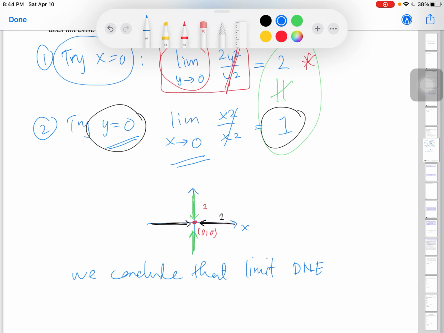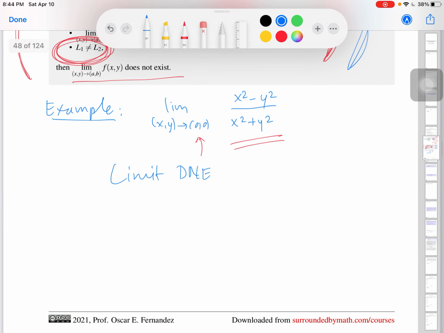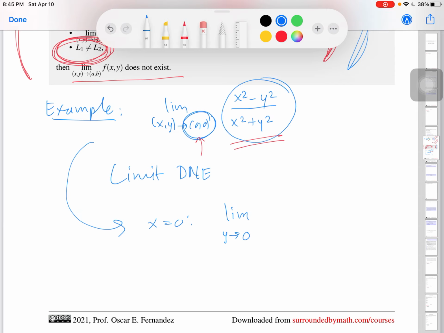Okay, and as promised, let me go back to the example we were just working on and do the same thing here. The same approach works here. So along x equals 0, we are again approaching the origin in this limit, so we would want y to approach 0. If I try x equals 0 here, I get negative y squared over y squared. There's that negative 1 that we were seeing in the applet.